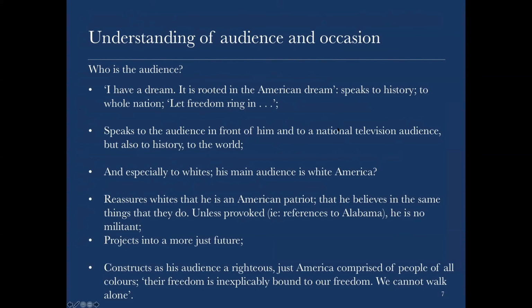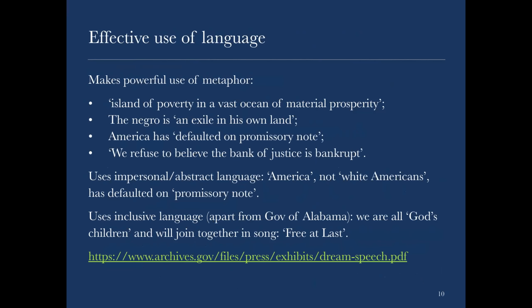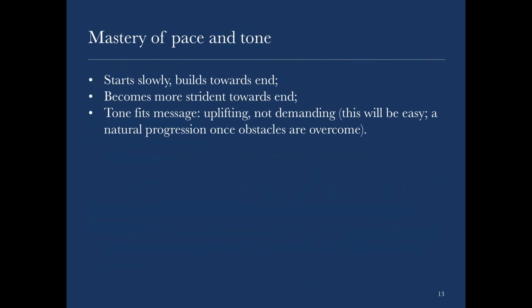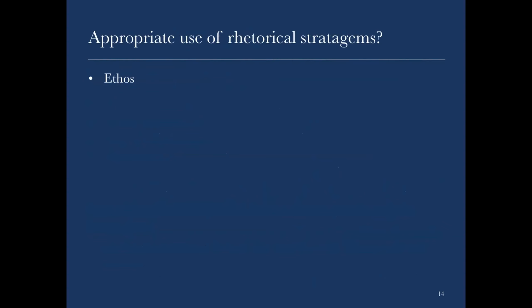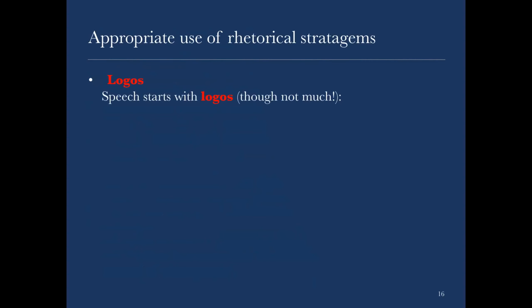Who are the audience? The people who protest in front of the hall in Washington DC. It has some rhetorical skills like repetition, alliteration, and also metaphors and analogy. Let me find it for you.